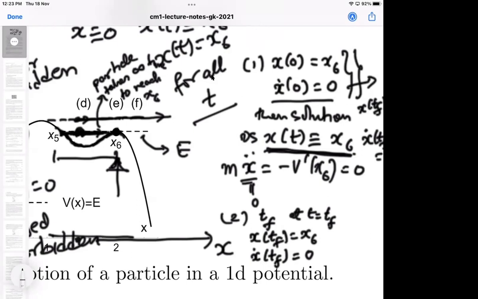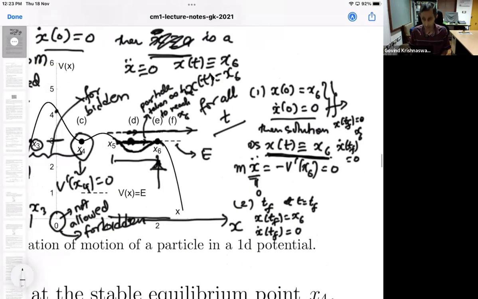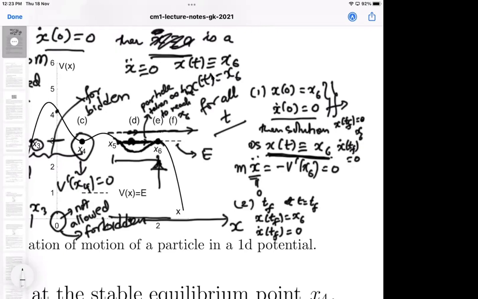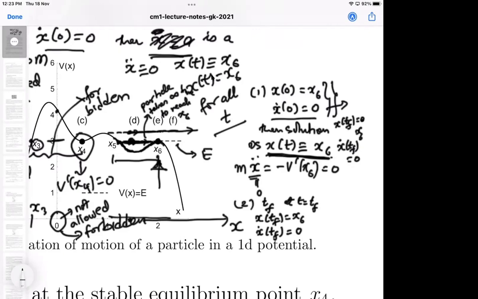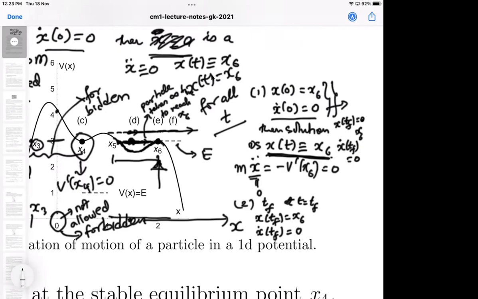Yes, sir. Okay, since there are many questions about this, yes, please. Sir, to put it differently, given the two initial conditions for Newton's equation, we can use Newton's equation to predict the future.